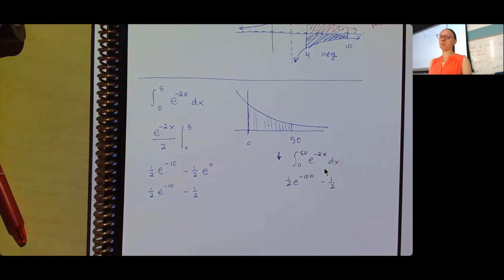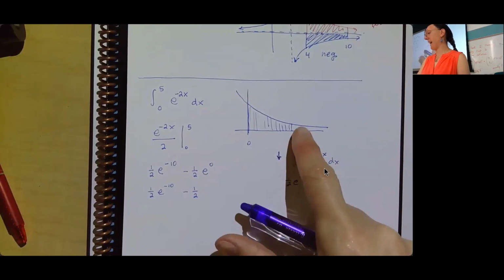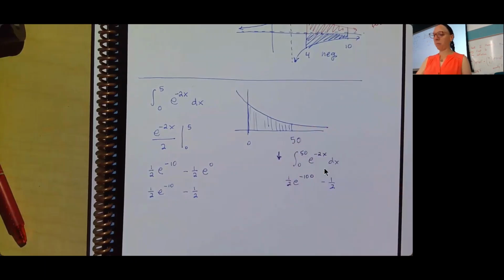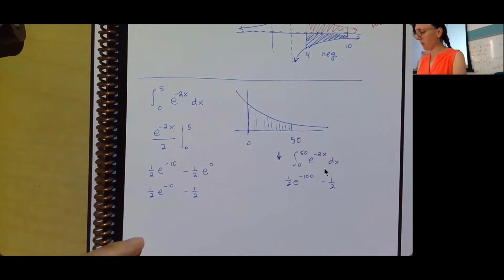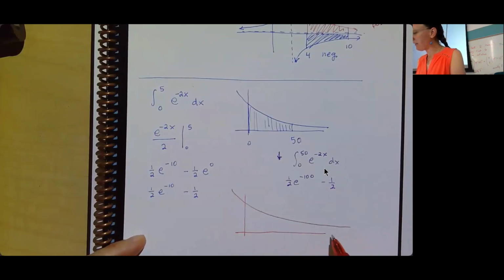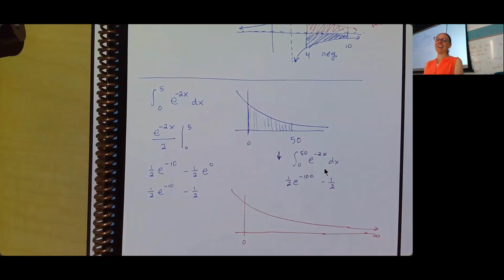And what if instead I told you, I don't actually want to go to 50. I want to push this thing out as far as I possibly can. If I'm going to push that out as far as I possibly can, and think about tools we had in 17A, what's all the way out here? Now, I can't actually just plug in infinity.